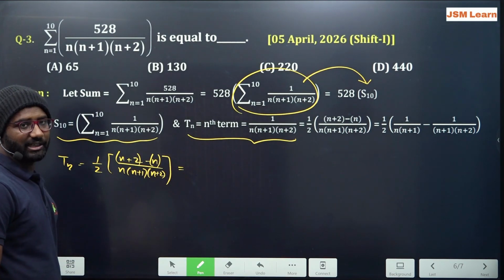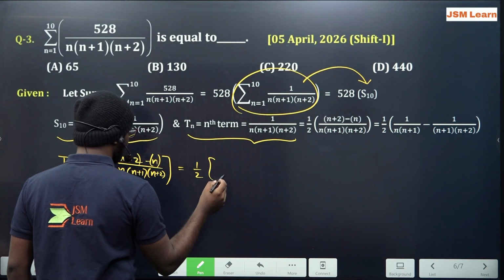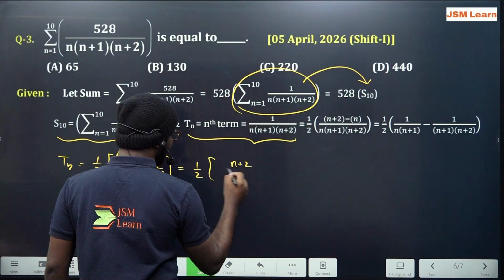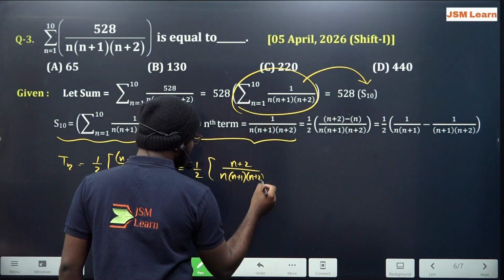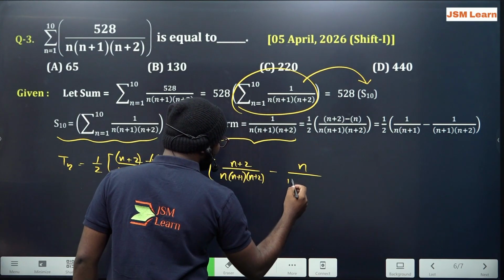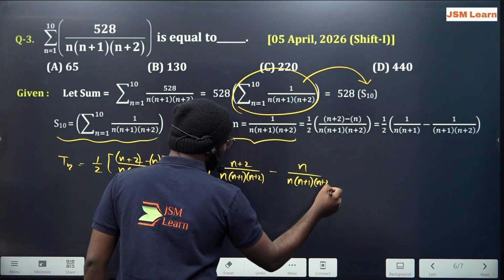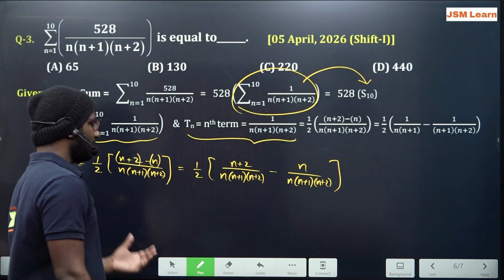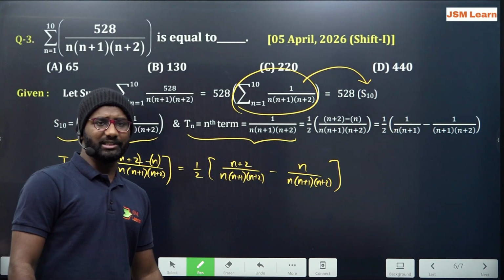Now I am splitting the denominator for these two numerators, that is equals to 1 by 2 times n plus 2 by n into n plus 1 into n plus 2 minus n by n into n plus 1 into n plus 2. So here I am converting this sequence into a telescopic series.